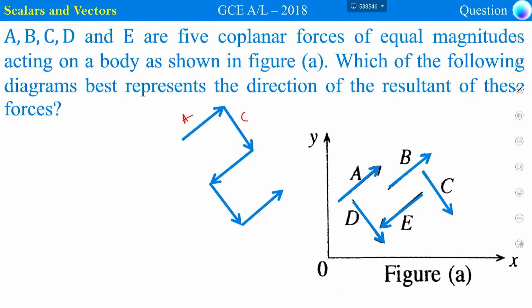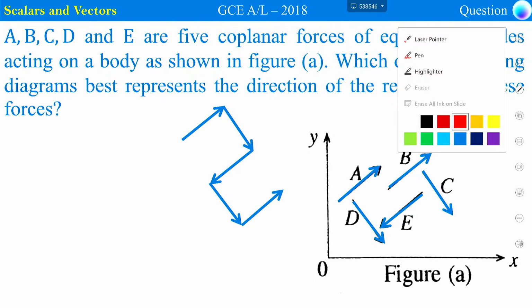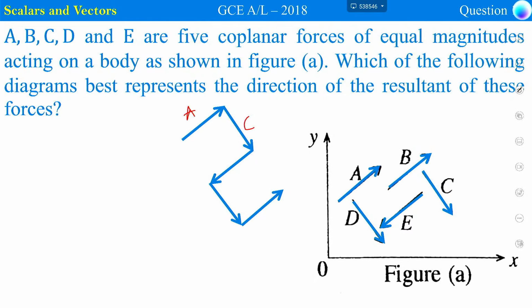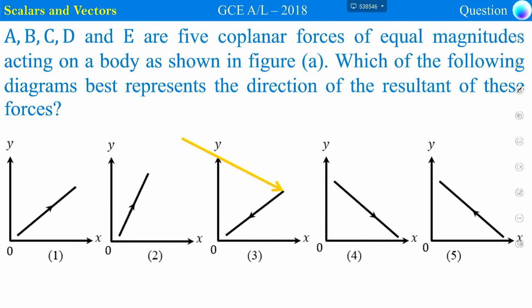A, C, E, D and B, okay? And connecting A. So the answer is, right, the closest resultant is the fourth one.